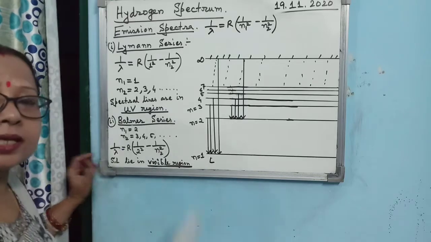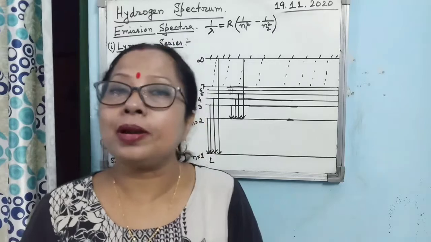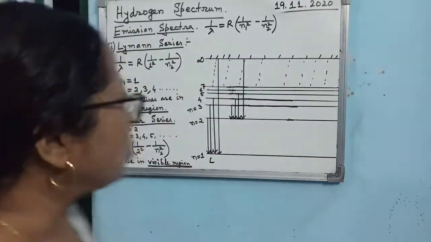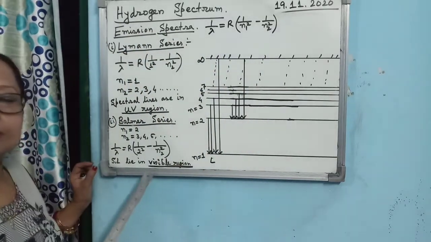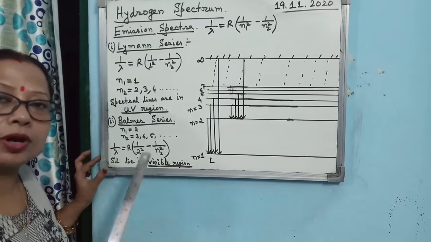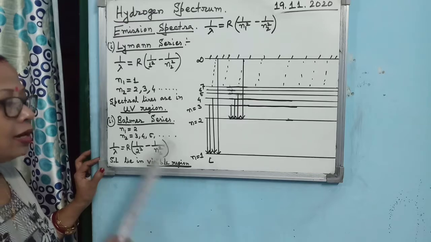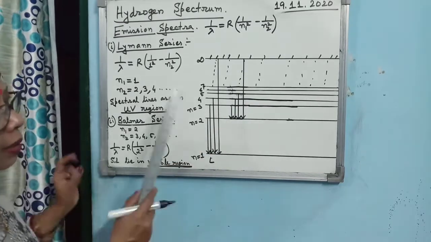This is the only series for which the spectral lines lie in the visible region, and if it lies in the visible region, then only it becomes visible to us. That's why Balmer series is very important, and this is the diagram for the Balmer series.